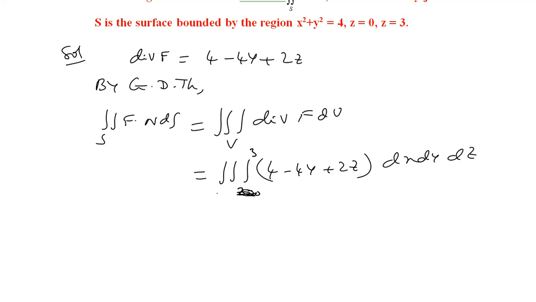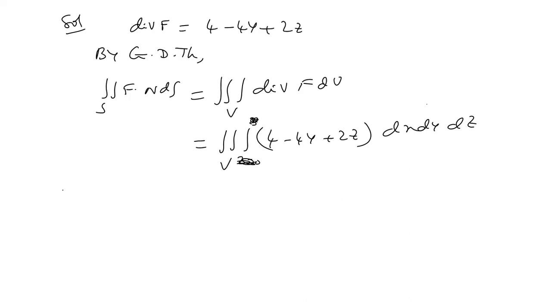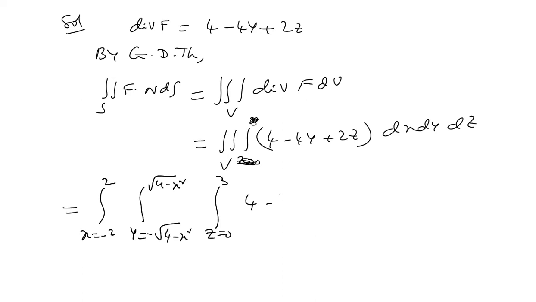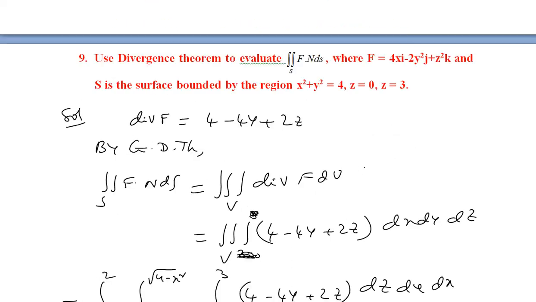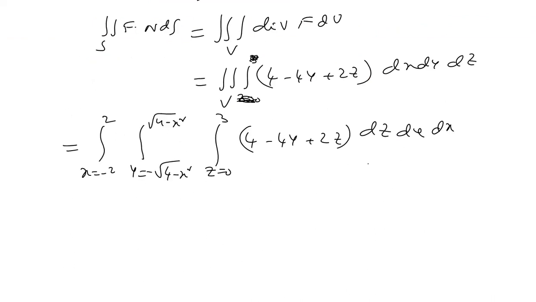Okay, I will write only V here, then the same procedure as our previous problem. x is minus 2 to 2, y is minus root over 4 minus x square to root over 4 minus x square, z is 0 to 3, 4 minus 4y plus 2z dz dy dx, similar to our previous problem. First, integrate with respect to z.